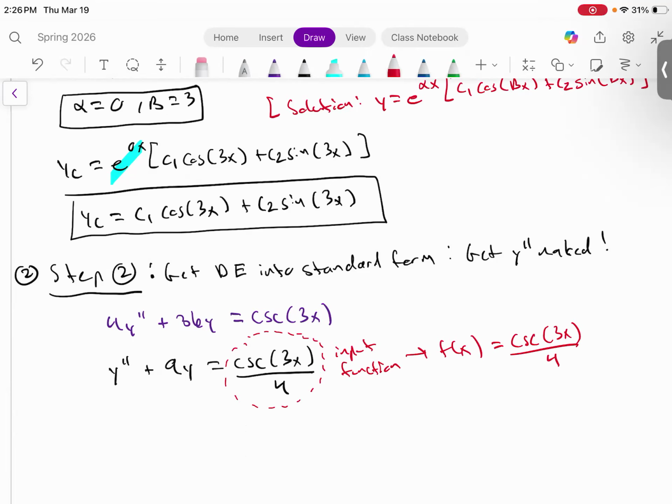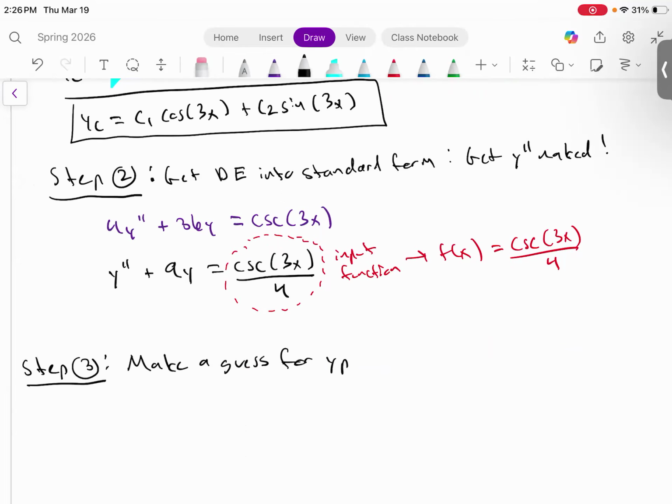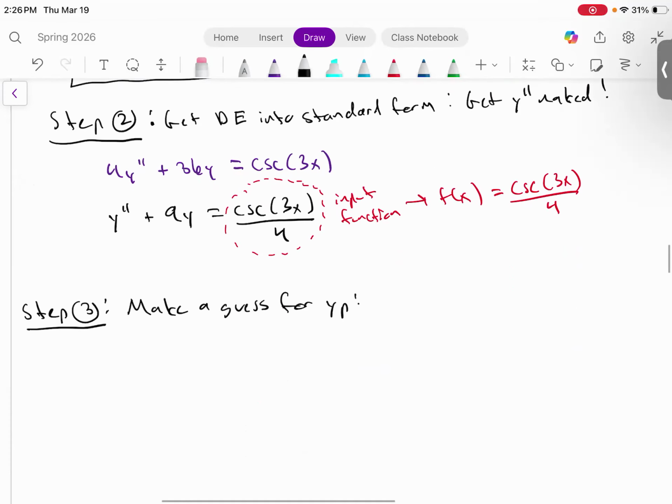Step three is now officially saying what our guess is for our trial particular solution. So step three, we'll say make a guess for the particular solution. But when we do a guess for our particular solution within variation of parameters, it will always be u1 y1 plus u2 y2.